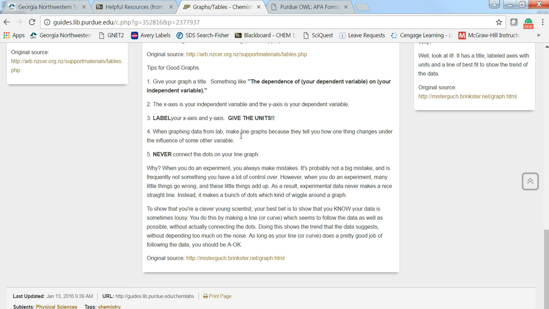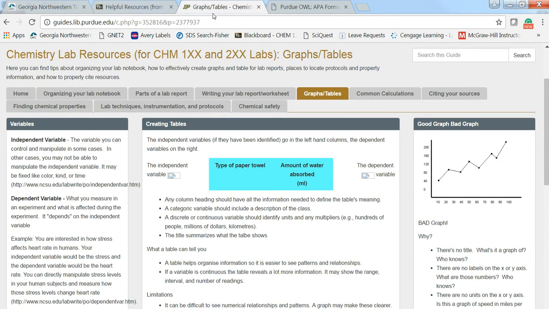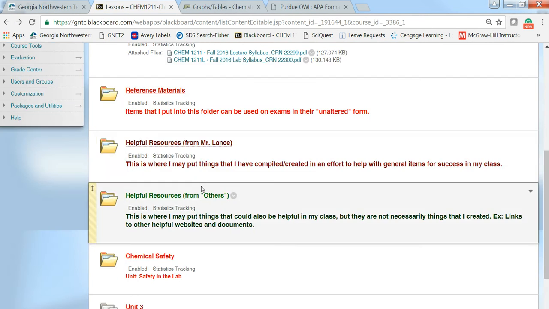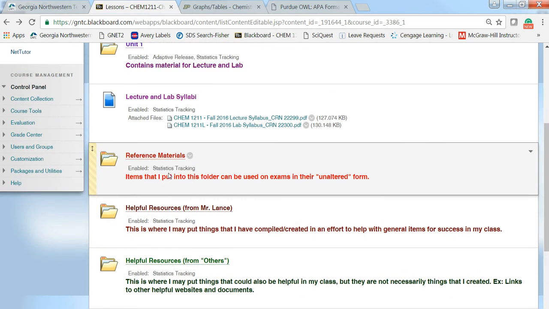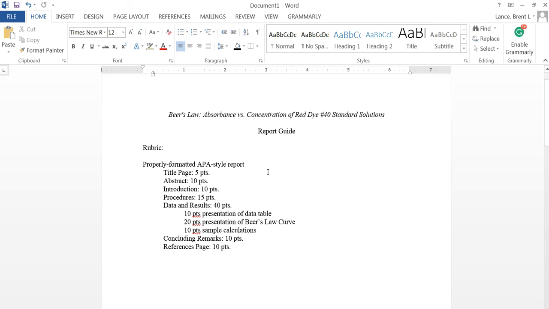We'll talk more about that, but use the tools on the helpful resources part to do a good job on it. Your place to turn it in will be in the Unit 2 folder for lab related items, and then we'll take a quick look at that rubric again.